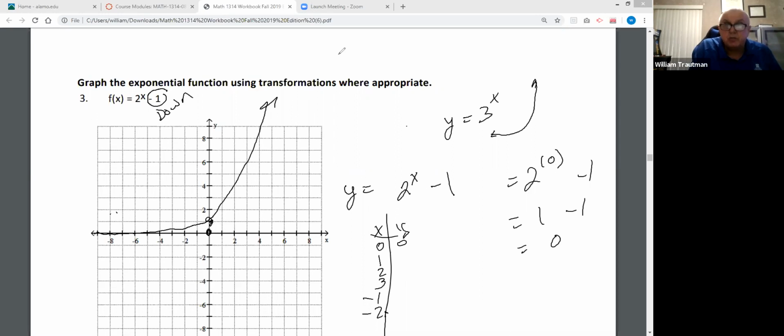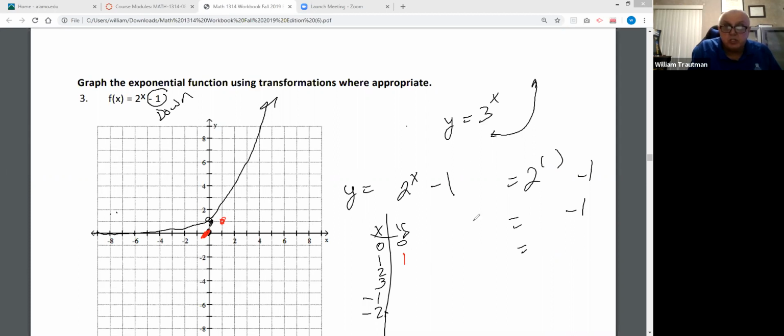There, I'm going to do it in a different color. If I put 1 into this function, 2 to the 1 power is 2. 2 minus 1 is 1. So my x is 1 and my y is 1. There we go. Let me try the next number.